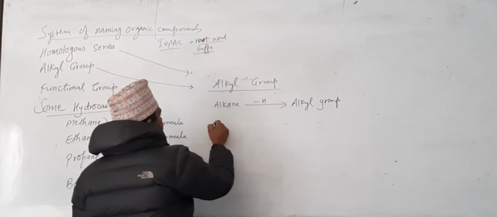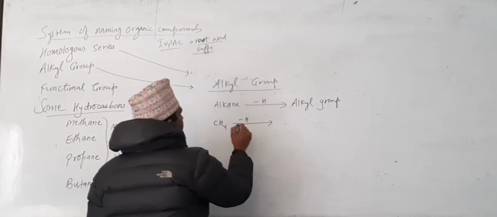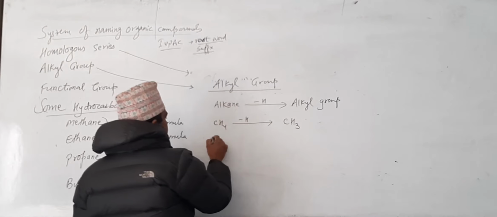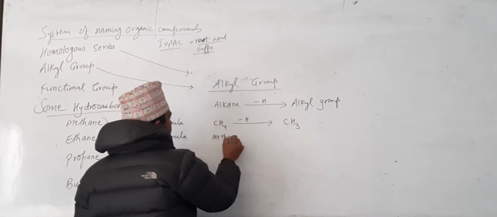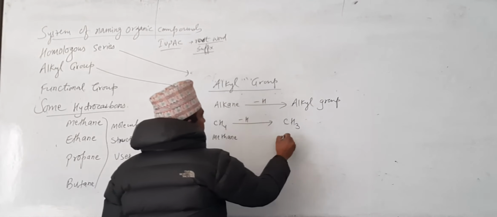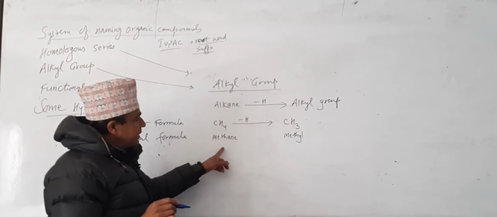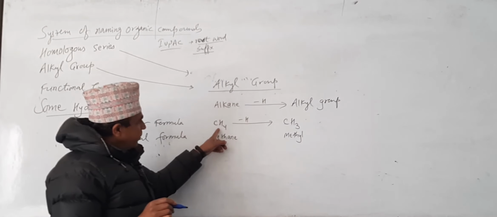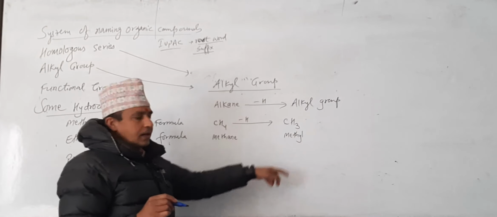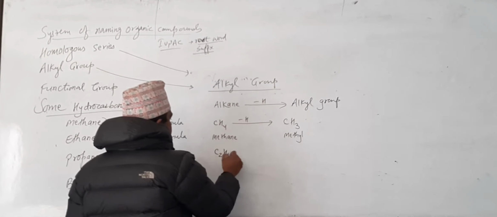For example, here is methane, CH4. Remove one hydrogen, then it becomes CH3. This is methane, an alkane. Now, one hydrogen is removed. It is called methyl. Methane, molecular formula CH4, one hydrogen is removed, CH3 is formed, methyl. Next one is C2H6.